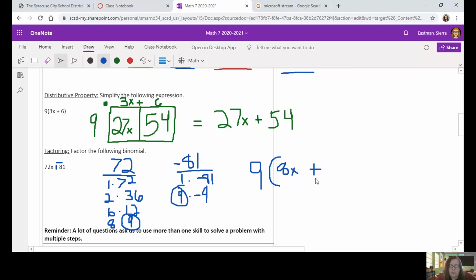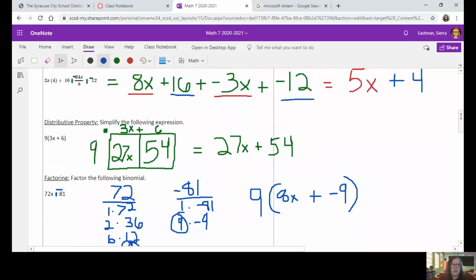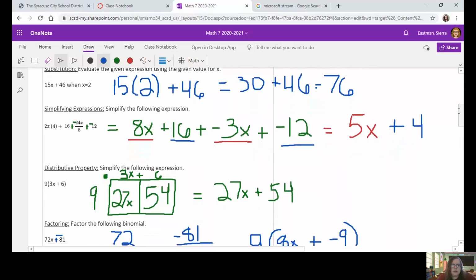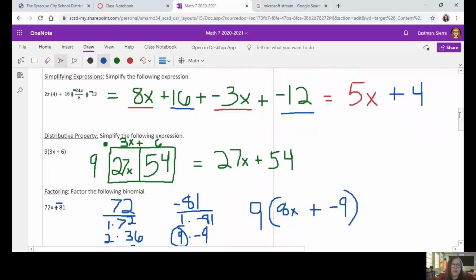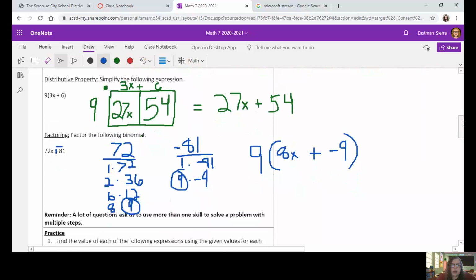And then we can say that we're adding a negative 9, or you could even just say minus 9, because now 9 times a negative 9 will get us the negative 81. There we go with that one. So those are the 4 skills: substitution, simplifying expressions, distributive property, and factoring.